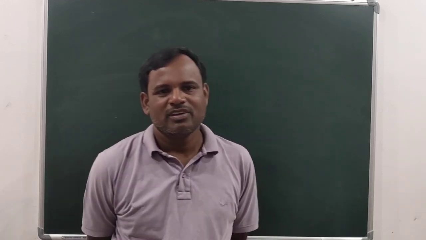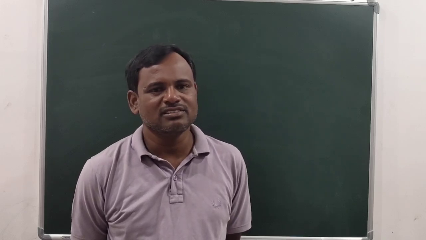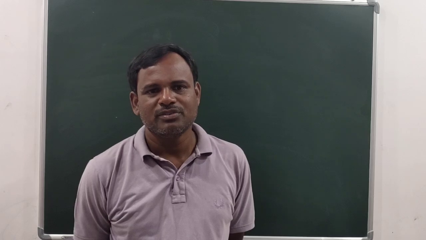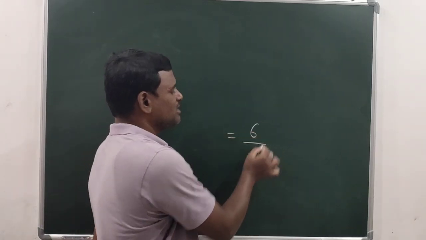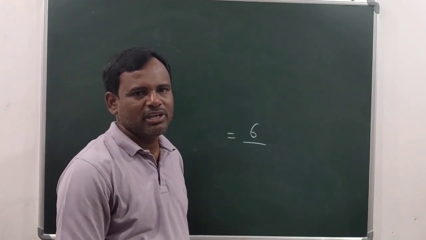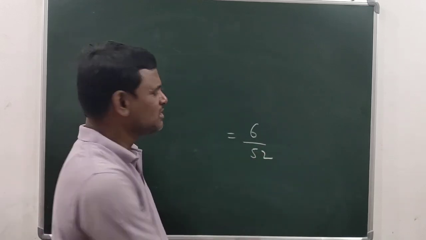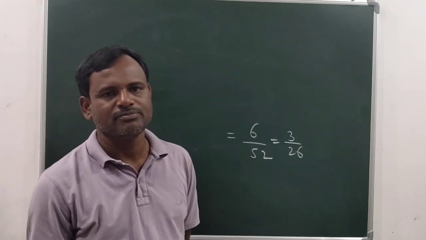You know, in every suit there are 3 face cards. In the deck, diamonds and hearts are red in color. So in both, 3 face cards are there. Total 6 face cards. These are favorable. Any one of them, a red face card, can come out. And by total 52. Now simplify this. You will get 3 by 26 probability.